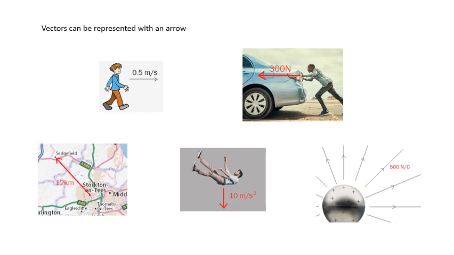So Sedgefield is about 12 kilometers from Stockton in that direction. That guy is accelerating downwards at 10 meters per second squared, and there's an electric field, and the strength of the electric field 500 newtons per coulomb in that direction. Okay, we can represent vectors with an arrow, and we're going to be doing a lot of that in this topic.